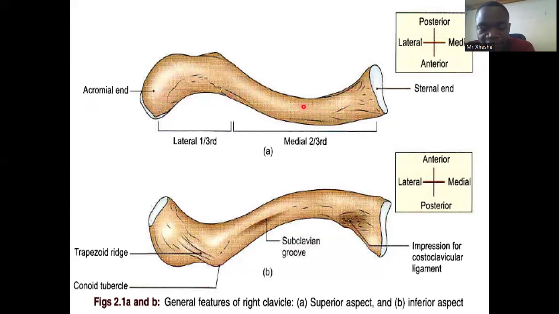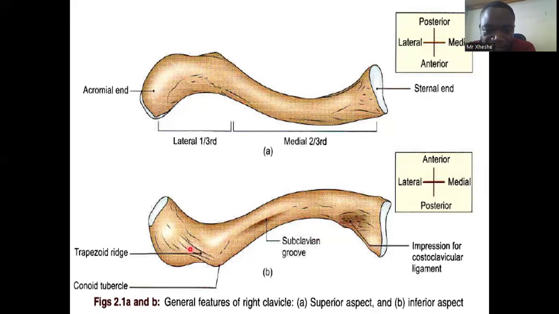Apart from the superior surface, the clavicle has an inferior surface. This is the underneath. So the surface below this is the inferior surface. How do you know that this is superior, this is inferior? Literature says, even in examination anyway, in examining the bones, you find that the superior surface of the clavicle is smooth. It has less markings on it. So there are no ridges, there are no perforations, and so on.